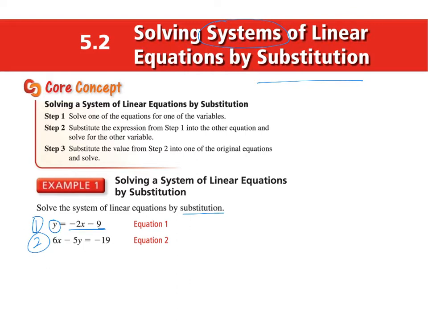Now I'm going to look over to the other equation, and since I've isolated y here, I'm going to replace y here with negative 2x minus 9. Okay, so using the information from one equation, I substitute into the other equation. And I get 6x minus 5 times negative 2x minus 9, and that's equal to negative 19.